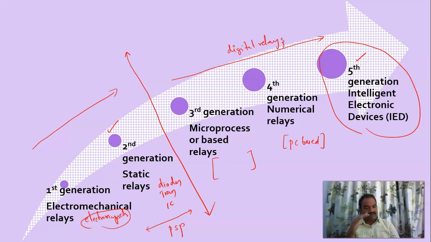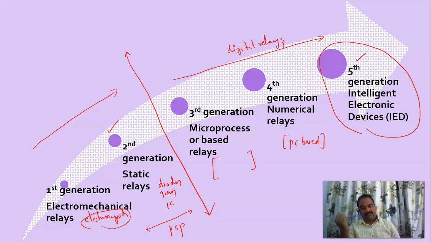So I have a preset value and I'm continuously monitoring the system. I'm measuring the quantity, and if I find that it is beyond my preset value, whether higher or lower based upon my requirements, I will automatically mark it as an abnormality in the power system, isn't it?